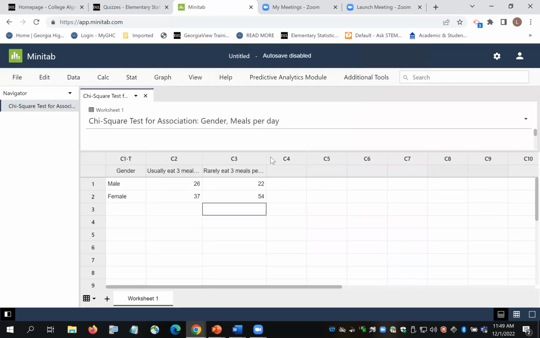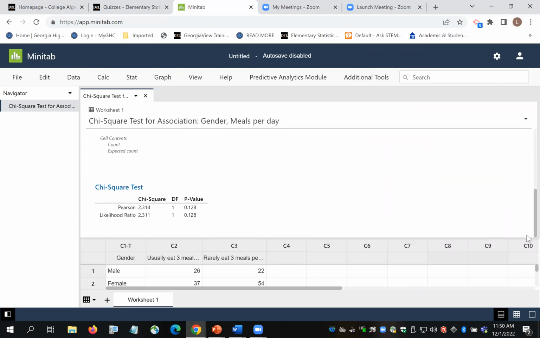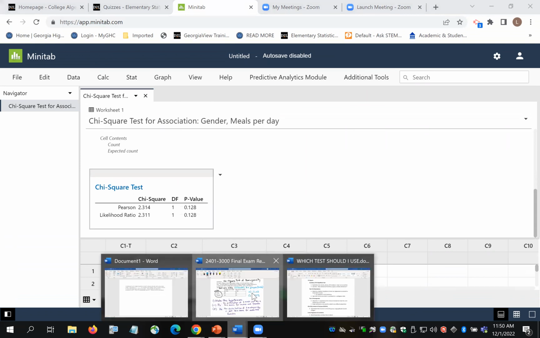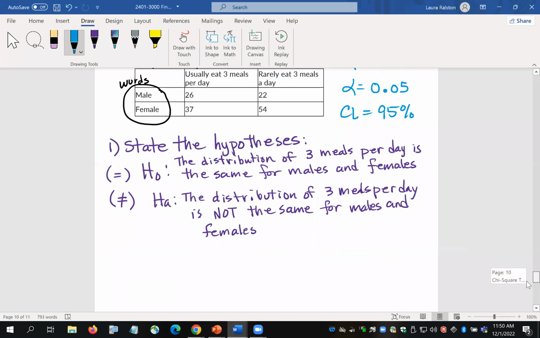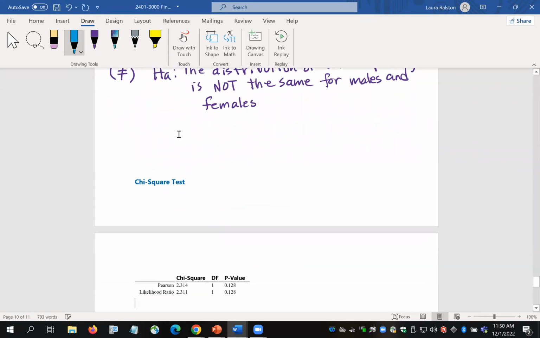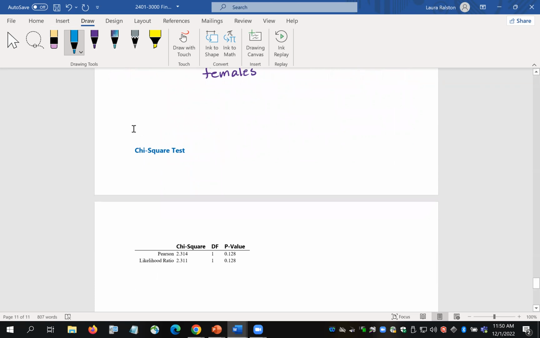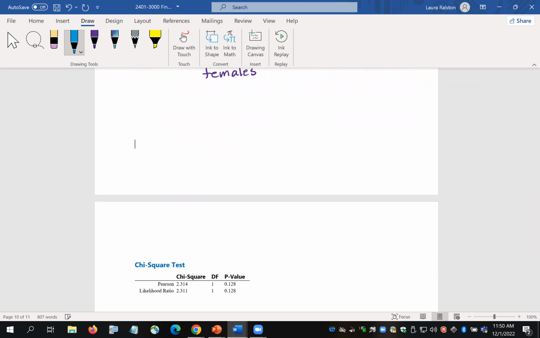I click OK. Again, we're looking for the chi-square test, and we are still going to read the Pearson.